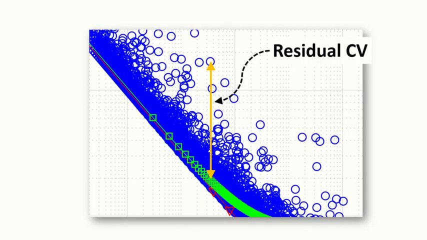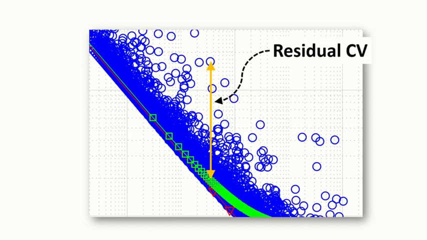So we compute the difference between the observed CV, that Y value, and its expected value from this regression. The difference is called the residual CV. We use this as an indicator of how variable this gene's expression is.